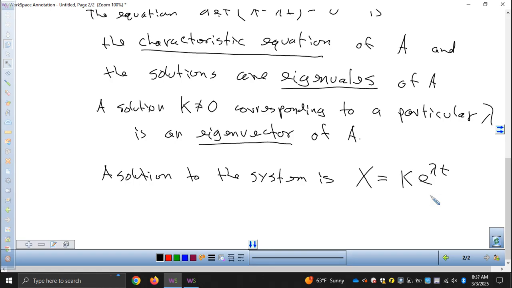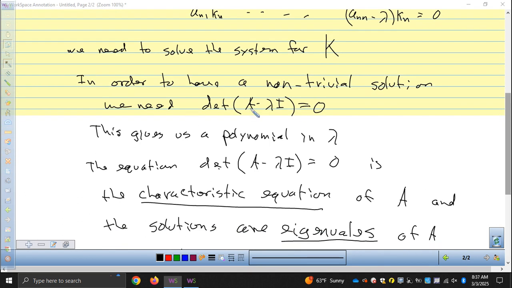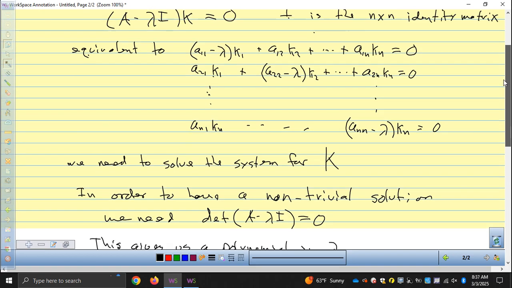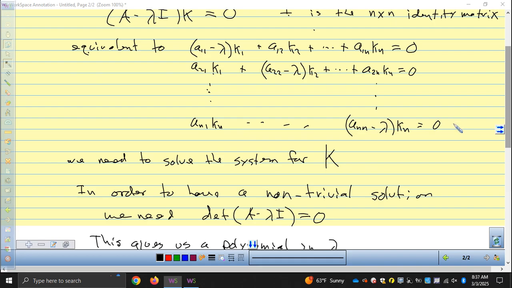And then for a two-variable system, we would find two eigenvalues and two eigenvectors. And then we would have our fundamental set of solutions. We can find our general solution. So the procedure that we're going to use to solve systems of differential equations is forming this determinant, solving that polynomial that we get for our values of lambda, for our eigenvalues, substituting those eigenvalues into this system of equations, solving for our eigenvector associated with that particular eigenvalue, and that gives us one of our solutions.